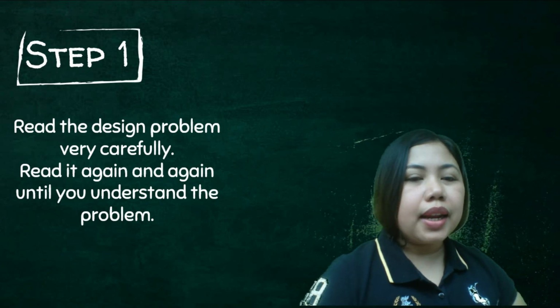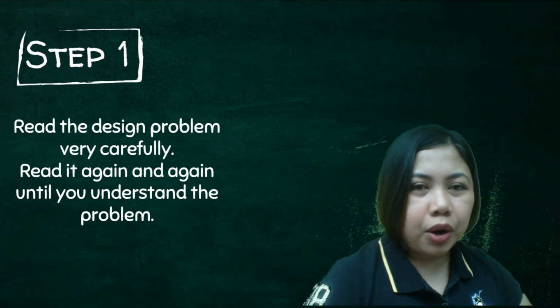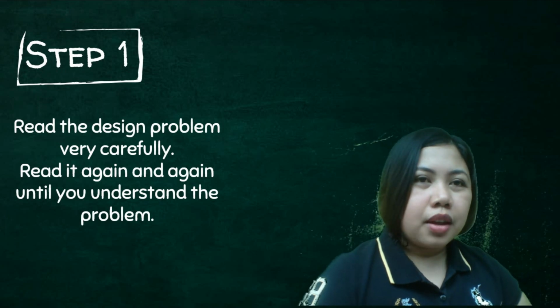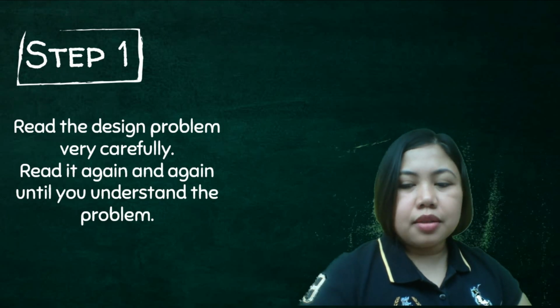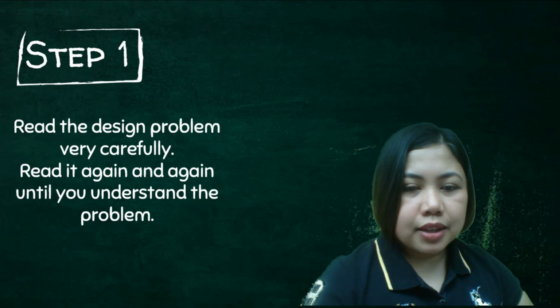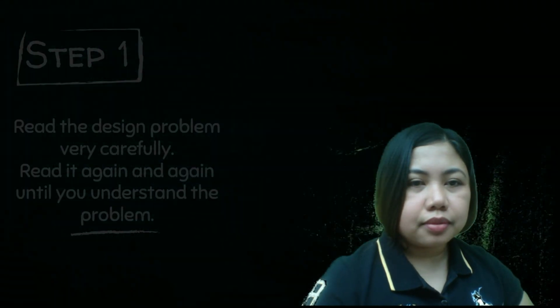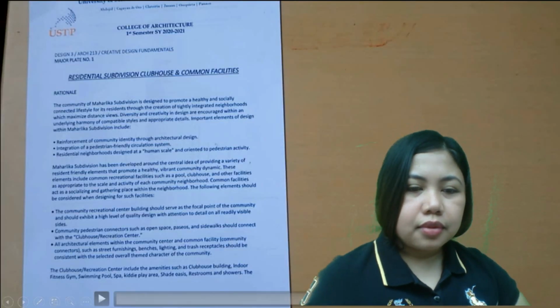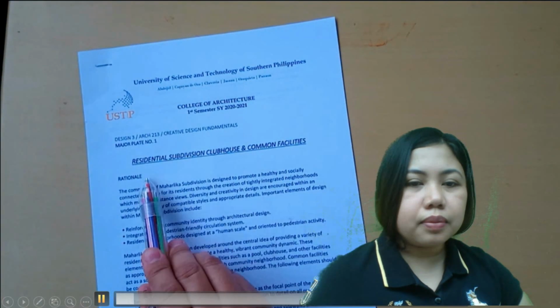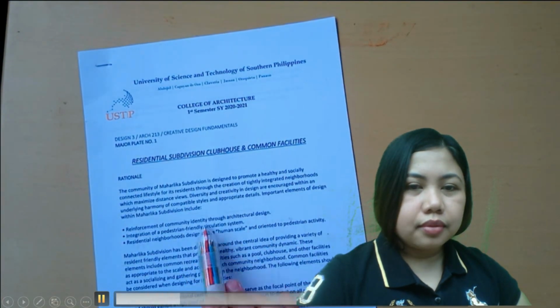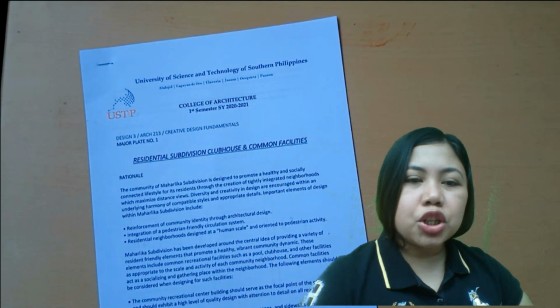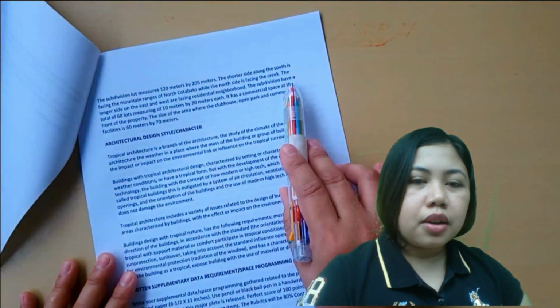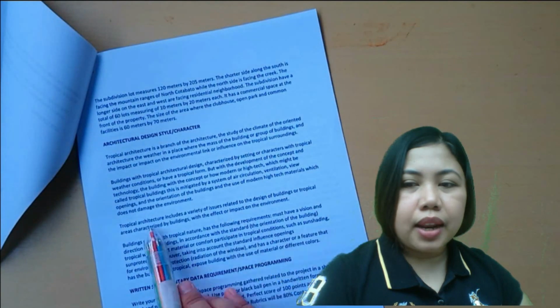You read it again and again until you understand the problem, until you have the grasp of what the design problem is. It's very simple. You just read it. You read each page of the design rationale.